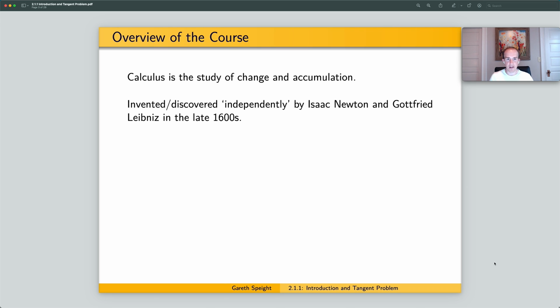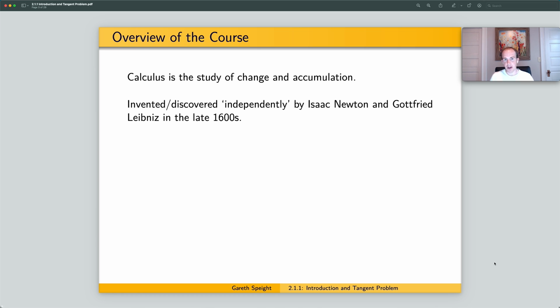Okay, so calculus was invented or discovered, depending on your philosophy, how you feel about things, independently by Isaac Newton and Gottfried Leibniz. And why do I say independently in quotation marks? Well, Isaac Newton claimed that he discovered it first, he just didn't publish his ideas. Whereas Leibniz wrote a paper much later, but he actually published his ideas.